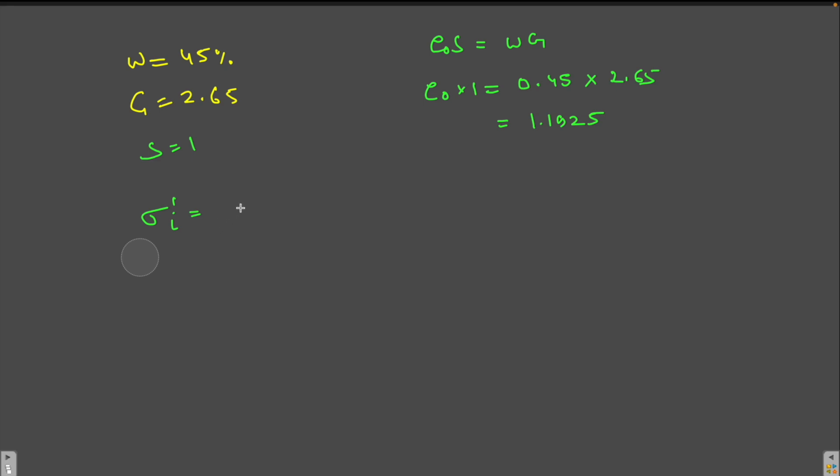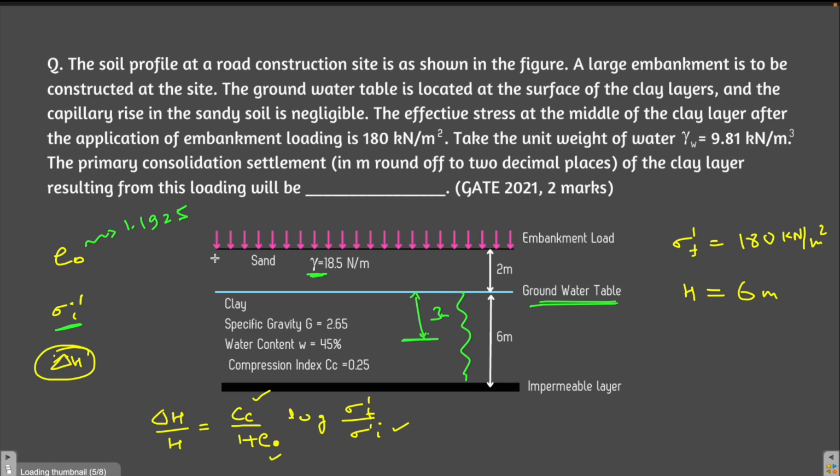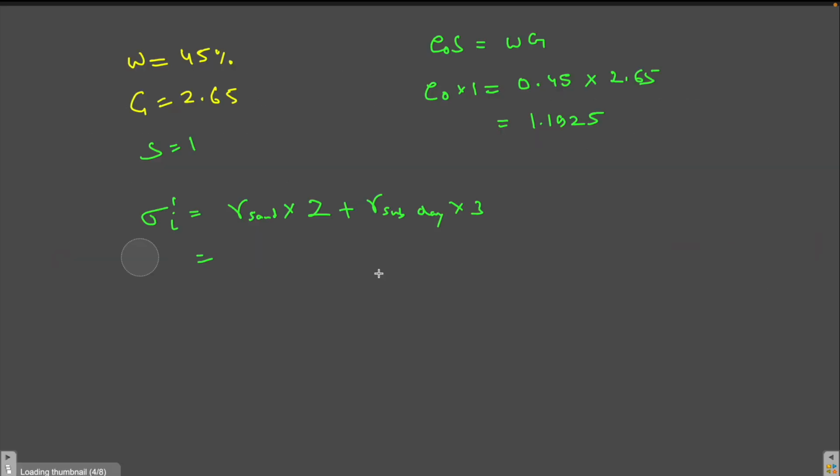So let me write it down. Gamma of sand into 2 plus gamma submerged of clay into 3. Now what is gamma of sand? Gamma of the sand is given to you. It is 18.5. So it is 18.5 into 2 plus gamma submerged of clay into 3.